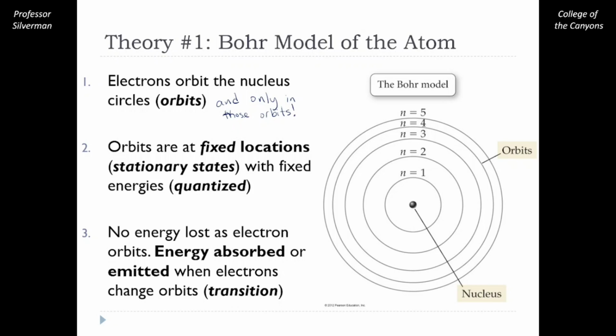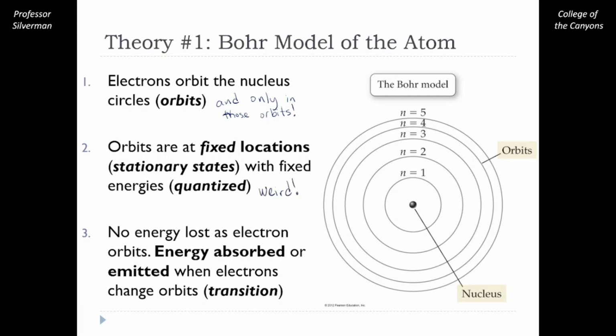In this model, however, Niels Bohr is saying that our electrons are only allowed to have very specific energies. You can't have an electron with energy in between these two values. It can only be energy of 1 or 2 and never in between.